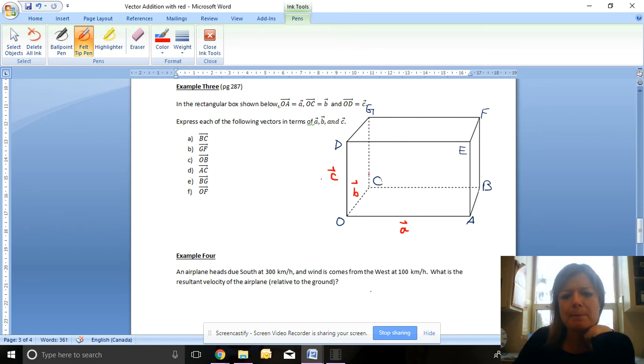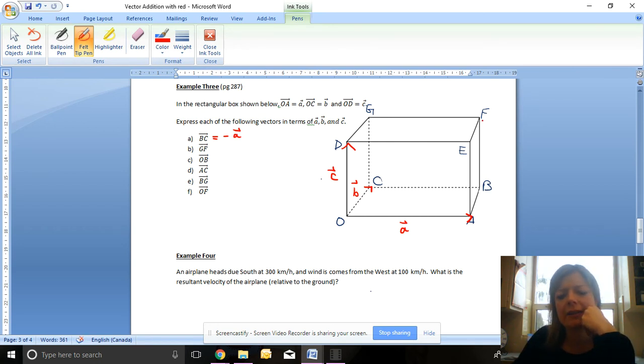So we can see that OA and BC have the same magnitude, but vector BC would go, oh, sorry, I should draw arrows on these. But vector BC goes in the opposite direction of OA, so BC is the same as negative A. Now we get to GF.